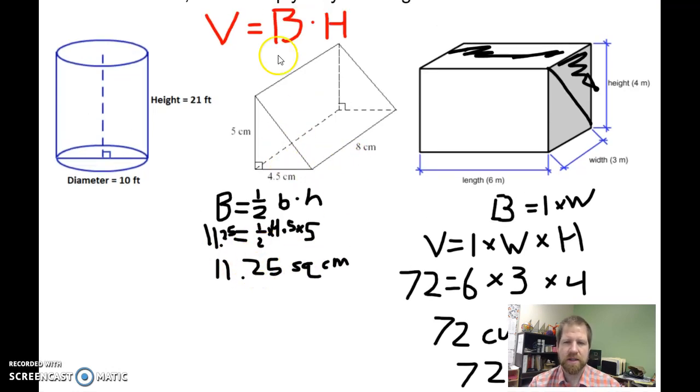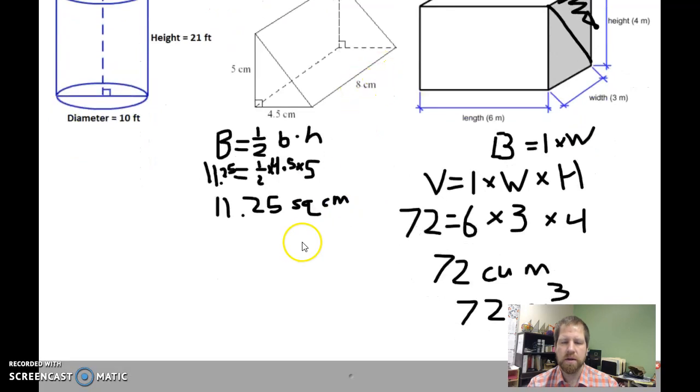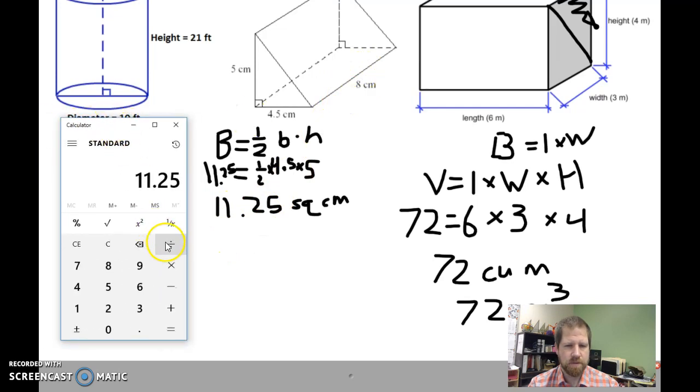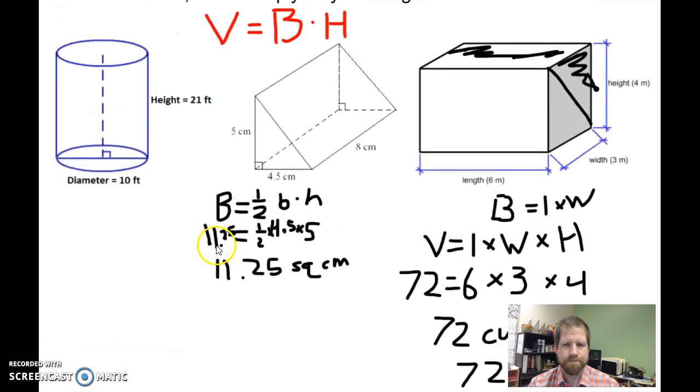Now I'm going to take that, that's my big base, and all I have to do is multiply it by my big height, the height of my total prism. So that's going to be 11.25 times 8, which would be 90.